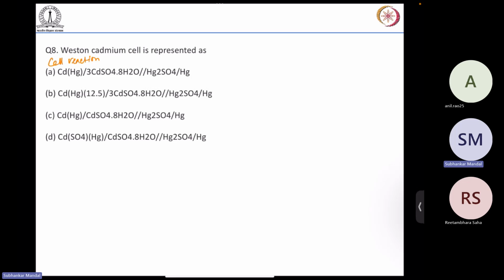Mercury sulfate is there and cadmium sulfate is there. Mercury dips in the mercury sulfate, and cadmium amalgam dips in the cadmium sulfate. So what will be the anode reaction? The anode reaction will be cadmium going to cadmium 2+ plus 2 electrons, right?